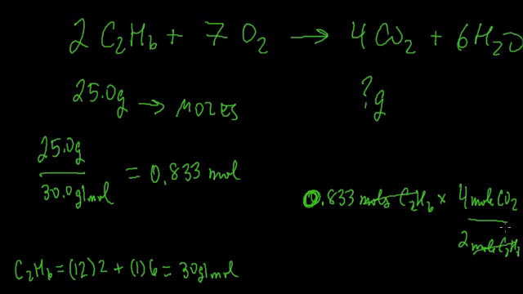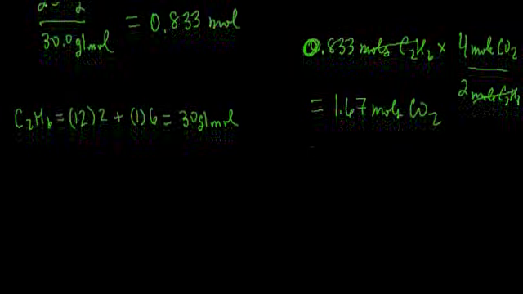That's going to cancel, and it ends up being 0.833 times 4 divided by 2, or just times 2, and that means we're going to have 1.67 moles of CO2 formed.